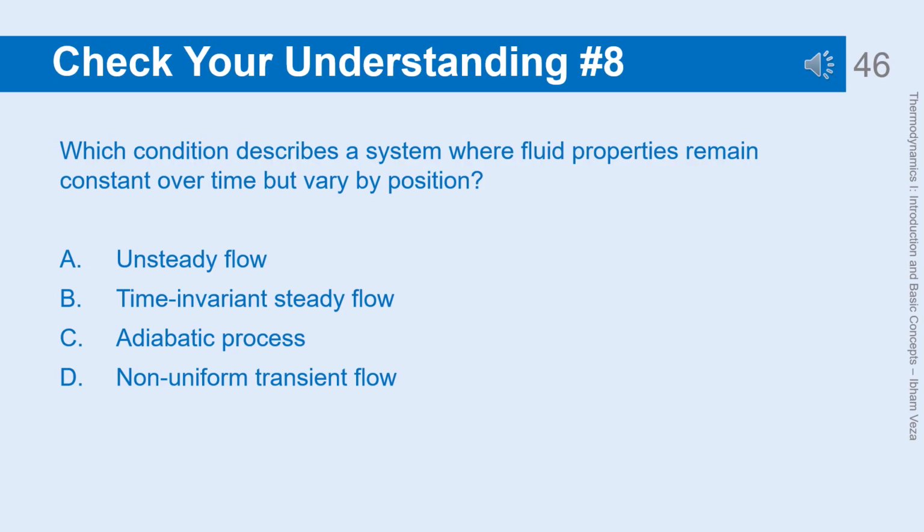Incorrect because an adiabatic process refers to no heat transfer, not the time invariance or spatial variation of fluid properties. D. Non-uniform transient flow. Incorrect because transient flow implies time dependence, whereas the system described is time invariant.